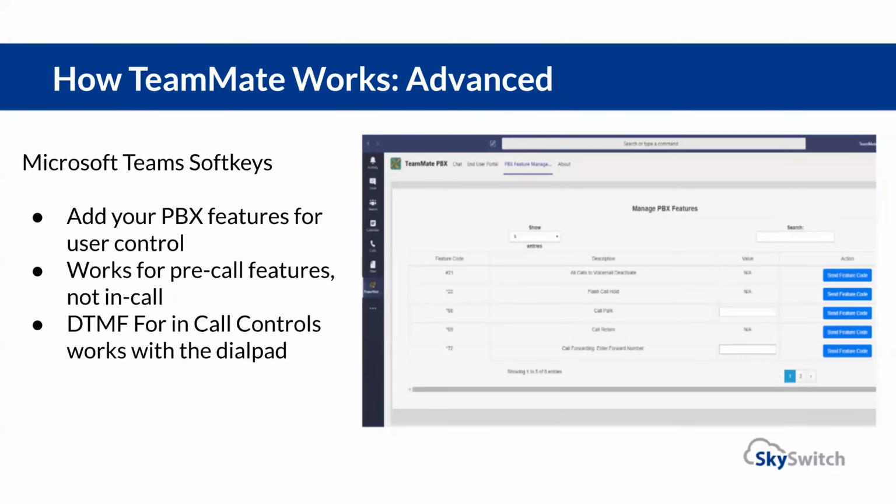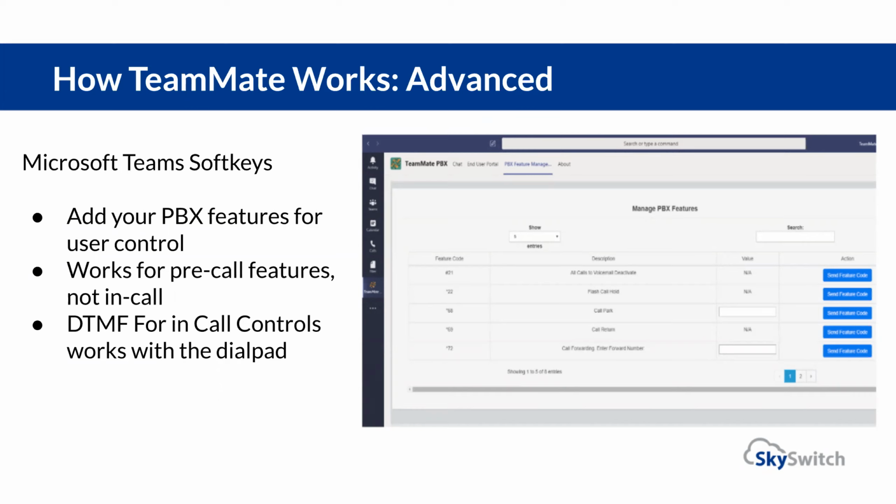Yeah, so you'll get the native Teams dialing. You can do DTMF within a call, and as you see on the screen here, there are some PBX management features, which are essentially feature codes. You see call park and other things on the screen. That's actually not fully functioning.